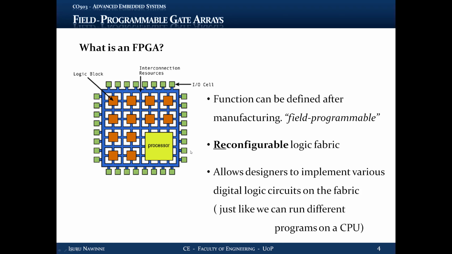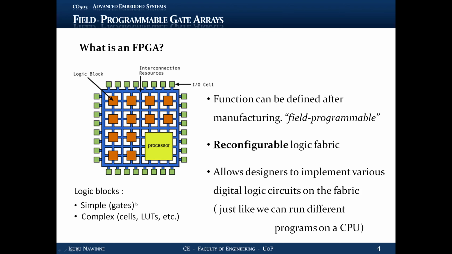So the configuration of logic blocks allows us to host different circuits, complicated ones, simple ones, just like a processor can run multiple different programs. The FPGA can be configured to host multiple different logic circuits by combining these logic blocks in certain ways, right?